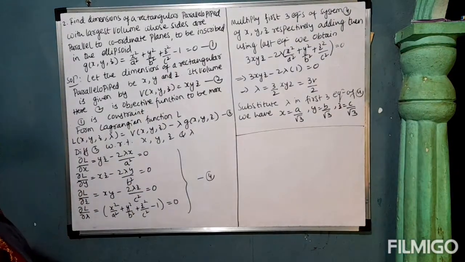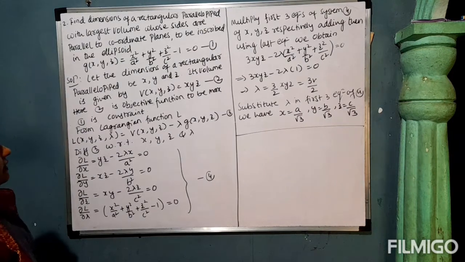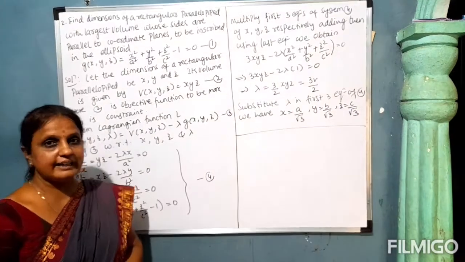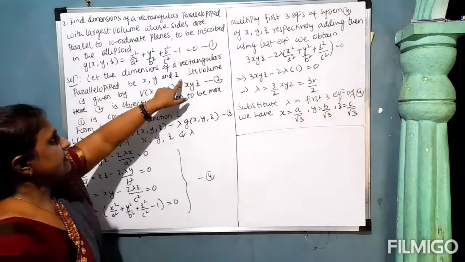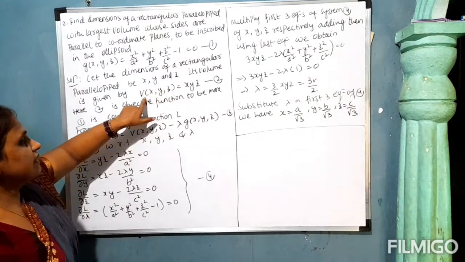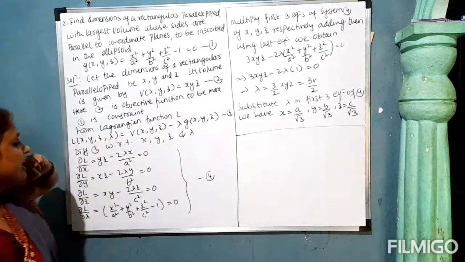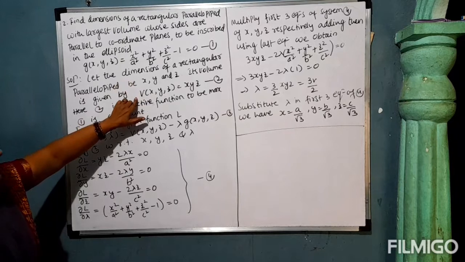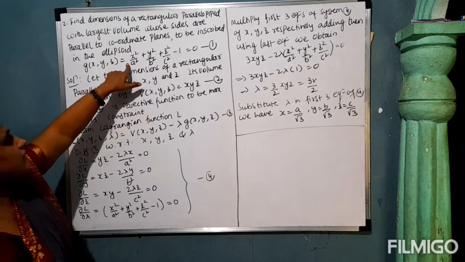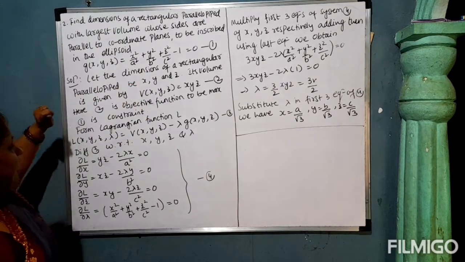Here we have to find the dimensions such that the volume is maximum. So let the dimensions be x, y, z. Then the volume will be x into y into z. This will be treated as the objective function, that is, maximize v subject to the constraint g, and x, y, z are positive values.